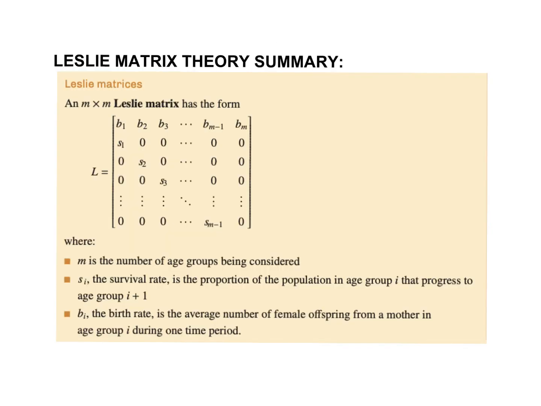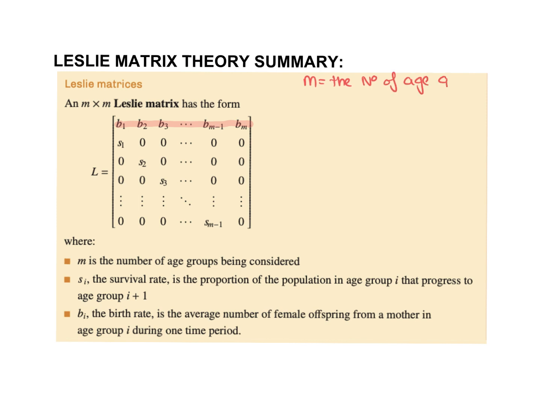Okay, so this is just summarizing what we just went through. So what they're telling you is that we are going to put all the age group birth rates across the top, and it depends on how many. If you want to write a little note, M equals the number of age groups that you've got, yeah?